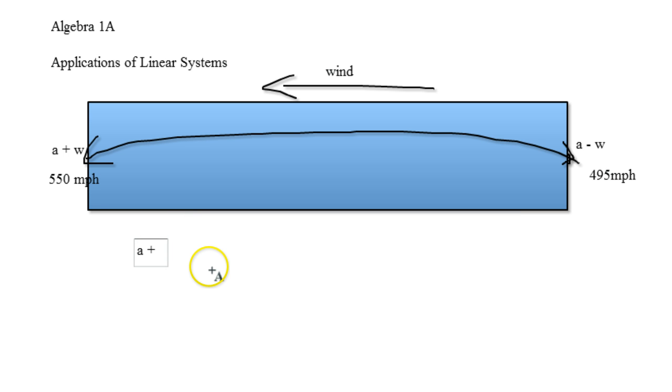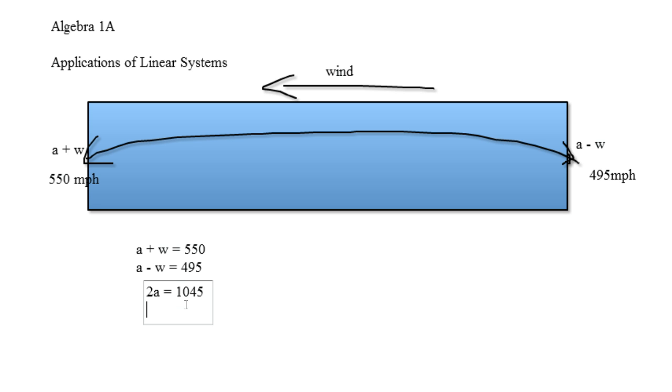So what we do is we set up the two equations. We're going to have A plus W equals 550. Then right below that we would have A minus W equals 495. Some of you who are already working with this know that elimination is going to work real fast, because if I add them together I get 2A equals 550 plus 495, which is 1045.